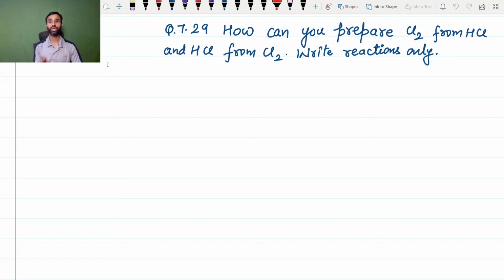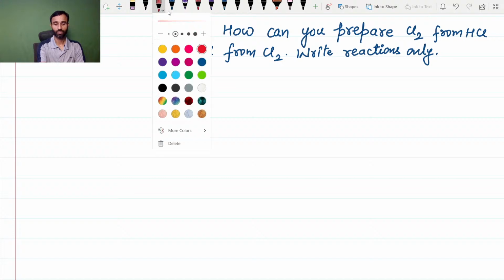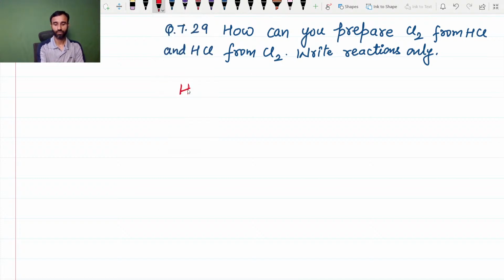So the first question is Cl2 from HCl. HCl can be converted into Cl2. Here in HCl the oxidation number of chlorine is -1, and in Cl2 it is 0.